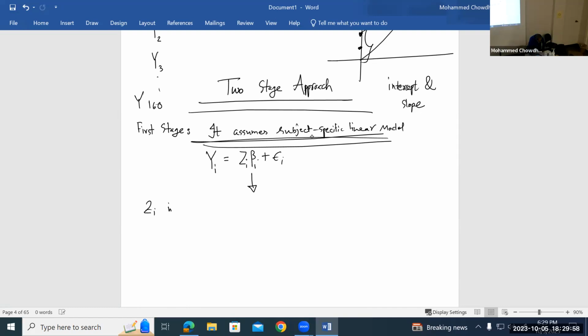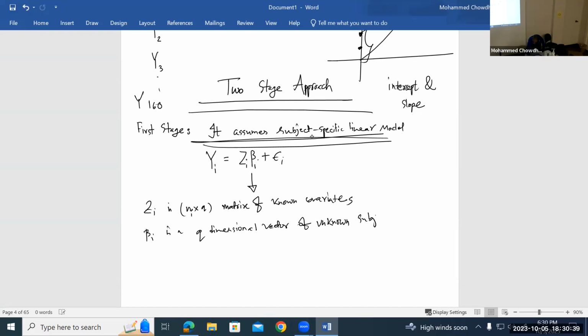Gi is an Ni times Q matrix of known covariates, and beta i is a Q-dimensional vector of unknown subject specific regression coefficients.